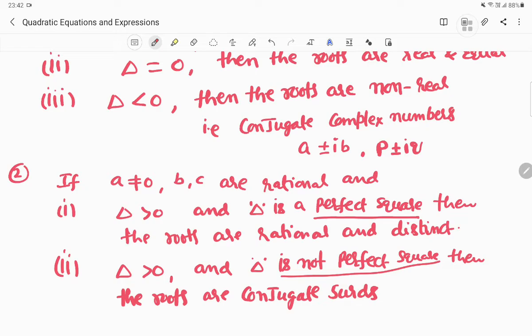This is the form: a plus or minus root b, where b is not equal to 0, because it is under the root. So a plus or minus root b, or p plus or minus root q. In this way we can write.